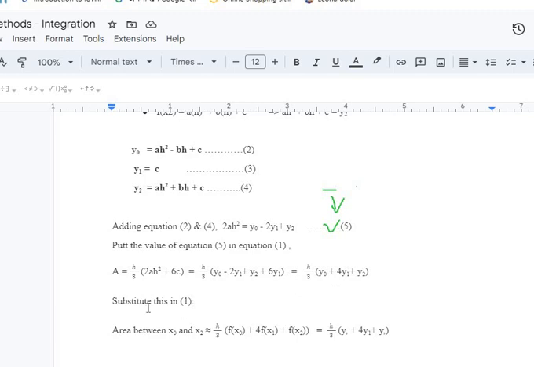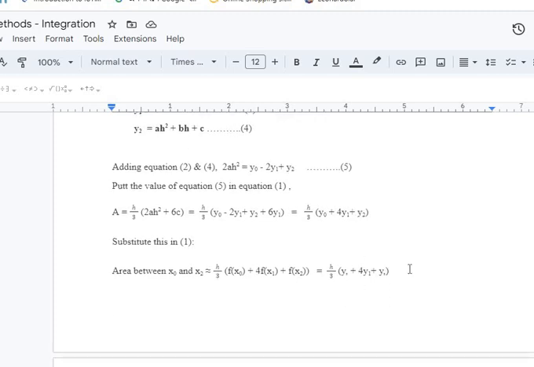So when you put this back, 2ah square value is y0 minus 2y1 plus y2, and 6c is 6y1. So it simply becomes h by 3 into y0 plus 6 minus 2, 4 of y1, plus y2.